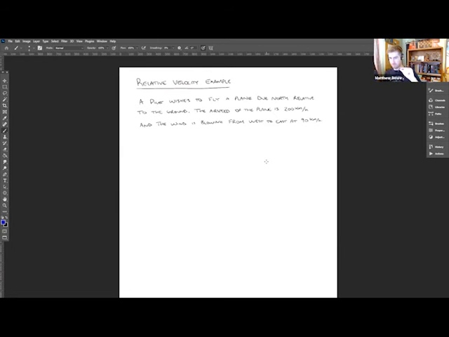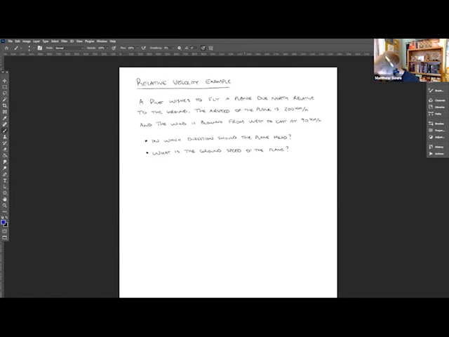So he's maybe in one city, he wants to go directly north to another city. The airspeed of the plane is 200 kilometers per hour. And the wind is blowing from west to east at 90 kilometers per hour. In which direction should the plane head?